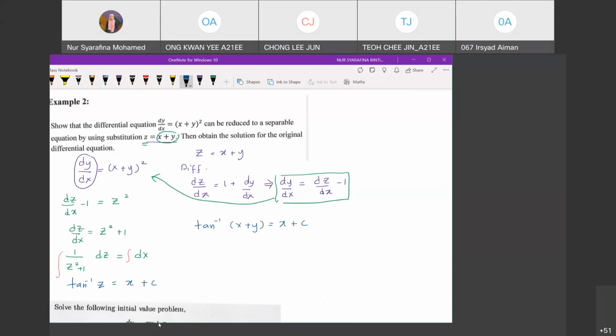So if you can just eliminate the inverse tangent here, we can write as x plus y equals to tangent of x plus c. Right, it's just the inverse process. So y equals to tangent of x plus c minus x. Okay, any question?